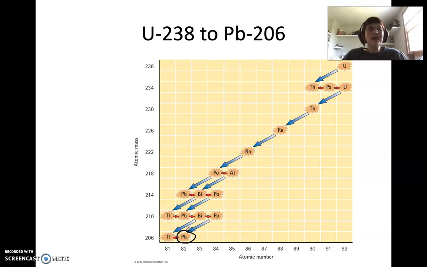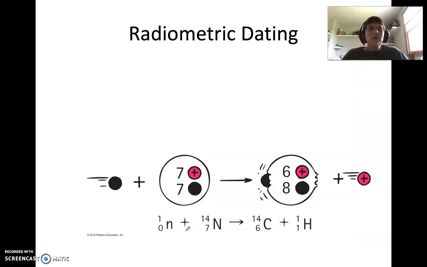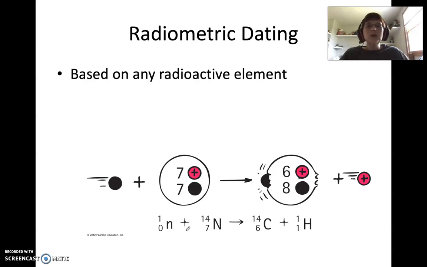Well, we can basically back calculate the half-life. Because what we can do is use this information to do what we call radiometric dating. So this can be used with any radioactive element. Uranium is very useful because it has such a long half-life. It has that 4.5 billion year half-life, but we can use it with any radioactive element.